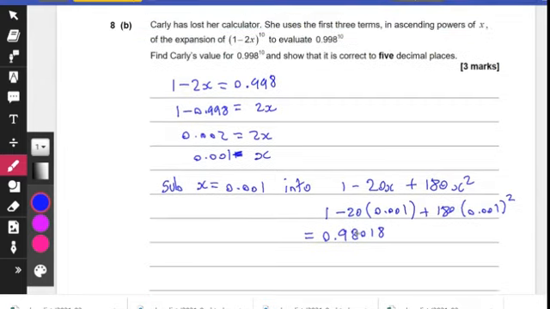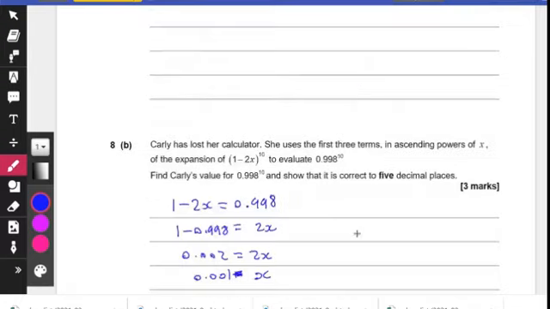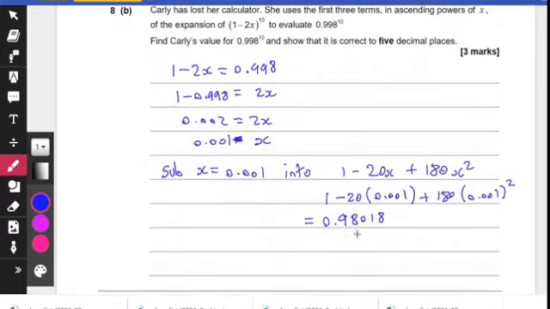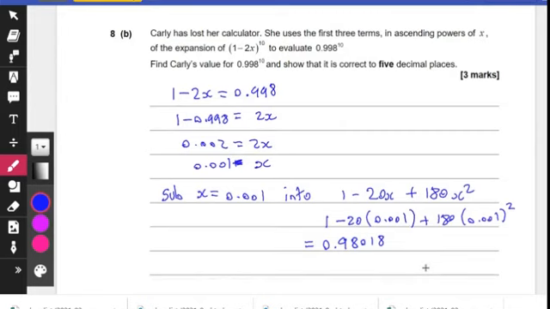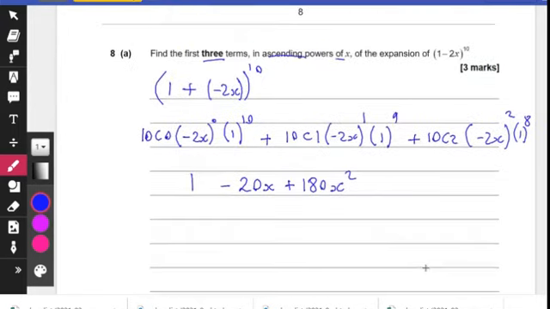Any questions about that? Why was it 180? I got 90 at x squared at the end. In the expansion? Yeah. 10 choose 2 times 2 squared. 10 choose 2 is 45, yeah?